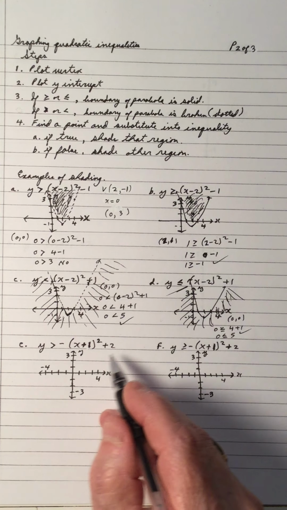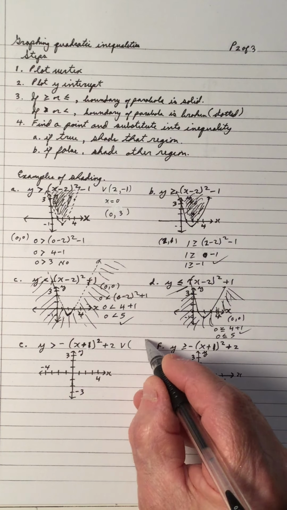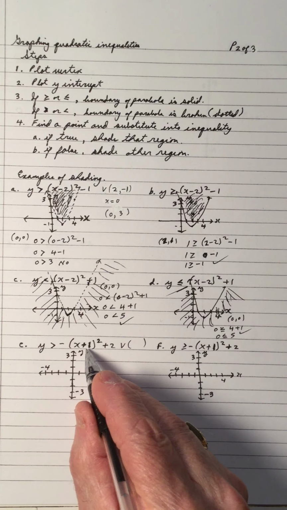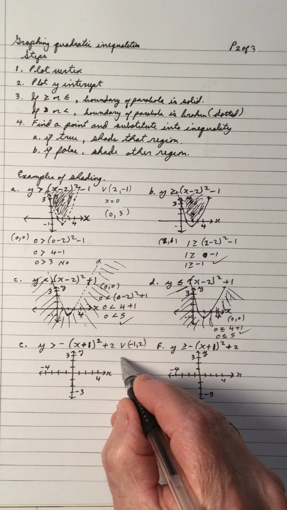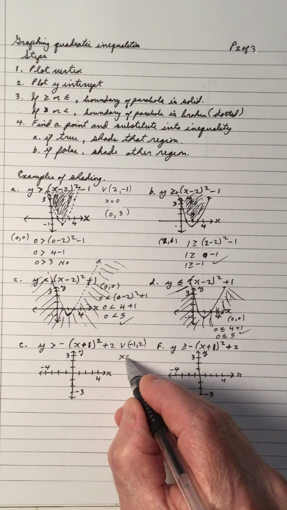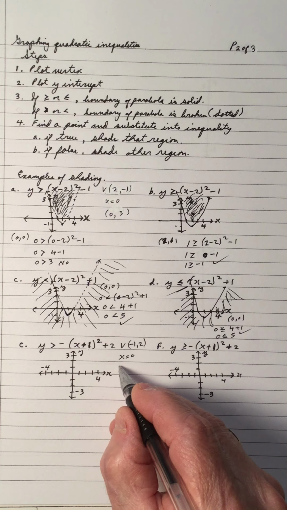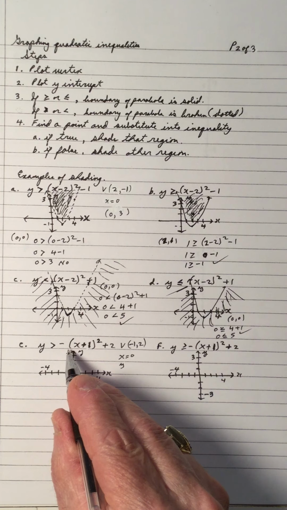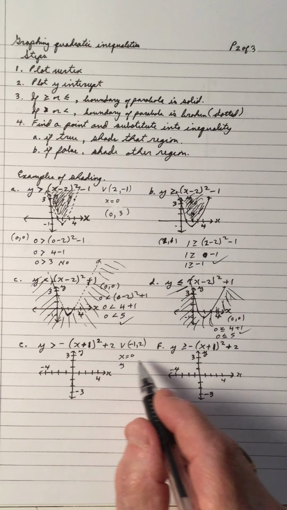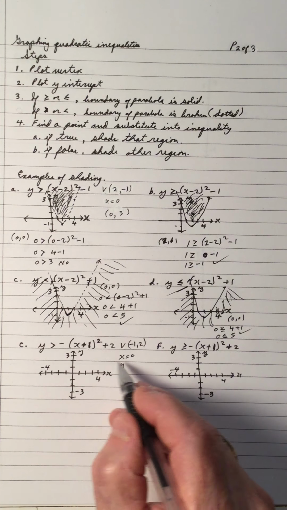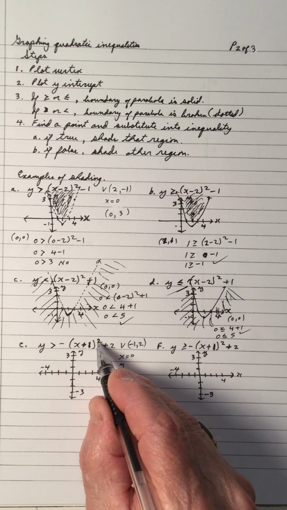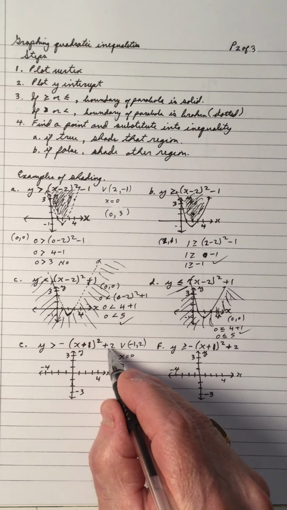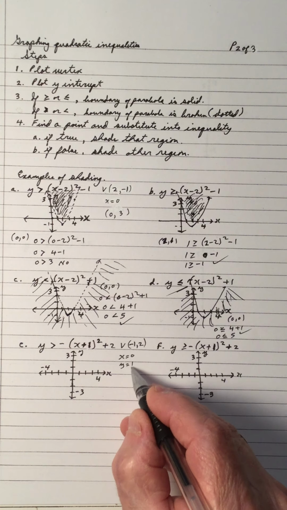E, we have a vertex on this parabola. The vertex is the opposite of plus 1, which is negative 1, comma 2. We're going to let x equal 0 to get the y-intercept. So put a 0 in, I get 1, 1 squared is 1, that's a negative 1 plus 2 is 1.